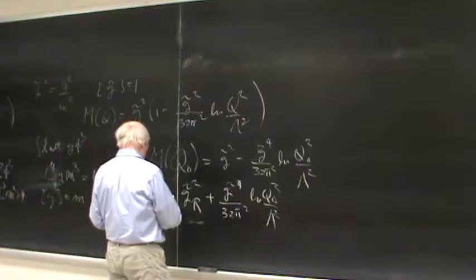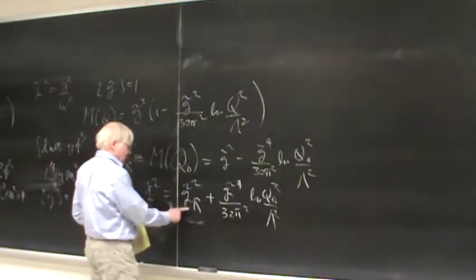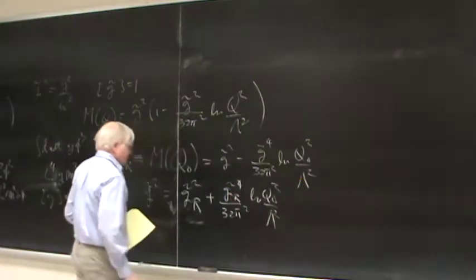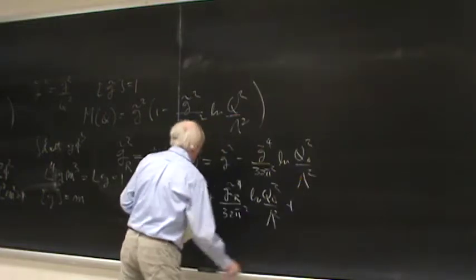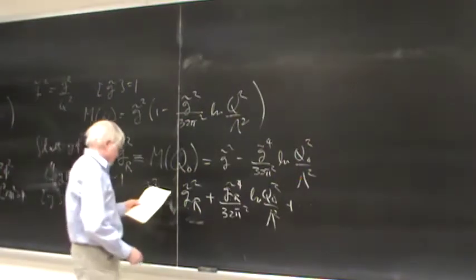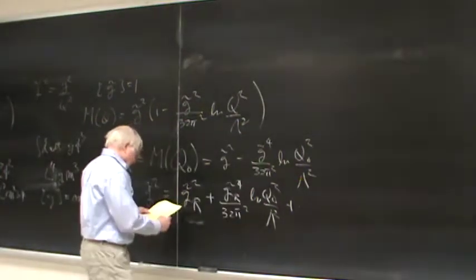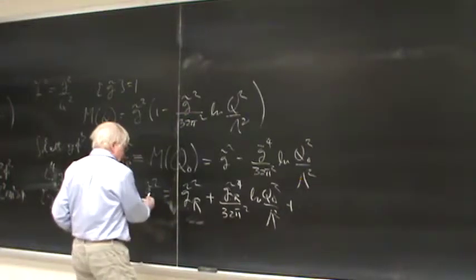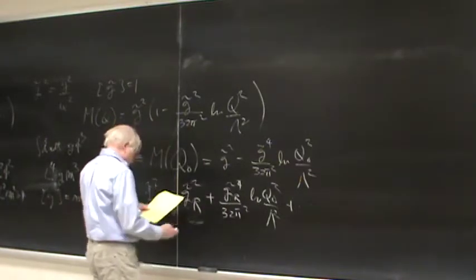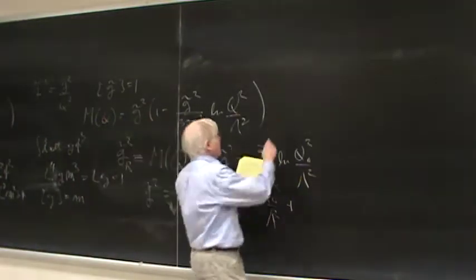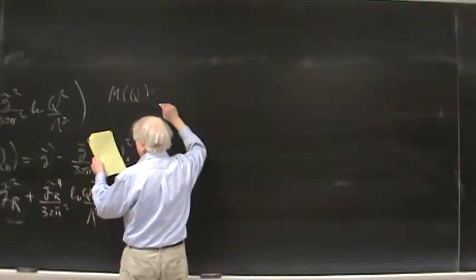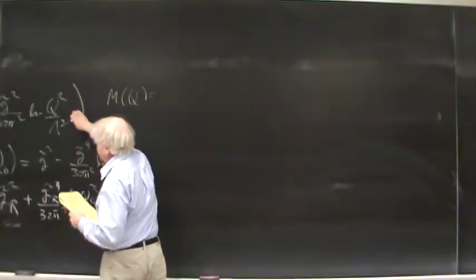Let's instead imagine that we're going to expand G tilde squared in a power series in GR squared. And so we'd imagine it would be like that, although there's a bit of a swindle going on here. In any case, if we say G tilde squared is this plus that, then we can substitute that in there, and then we would get a formula for M of Q. So we're substituting into here.